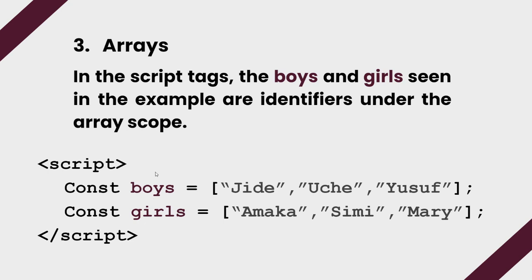So here, the boys has been declared with the const keyword, and this is an array name, but it's also an identifier. And in the next line, we have the girls array name, which is equally an identifier. So you can see that the word identifier actually cuts across variables, functions, and arrays. Any name you create there is an identifier.